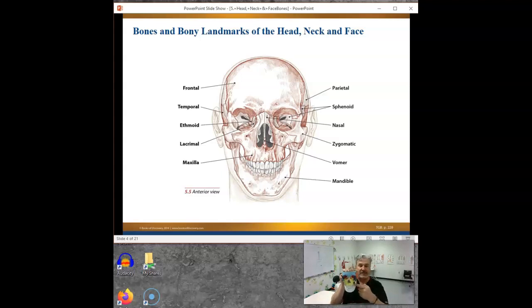You can see the maxilla in yellow. Well, this is the zygomatic. And the zygomatic meets the zygomatic process of your temporal bone to make your cheekbone. So this eye socket turns into your cheekbone by the maxilla going into zygomatic, going into temporal bone.